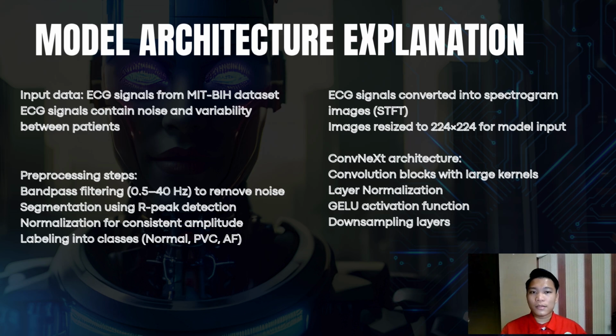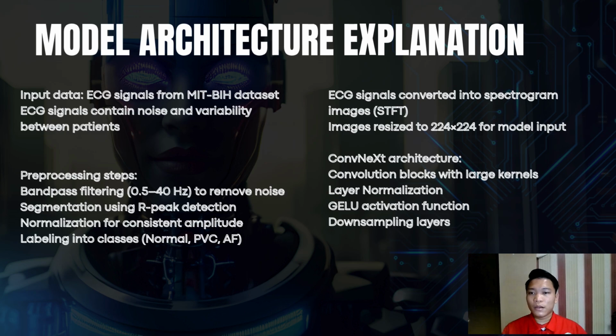As you can see in this slide, this is the model architecture explanation. My input data comes from the MIT-BIH Arrhythmia dataset, which contains ECG signals with natural noise and variability between patients.